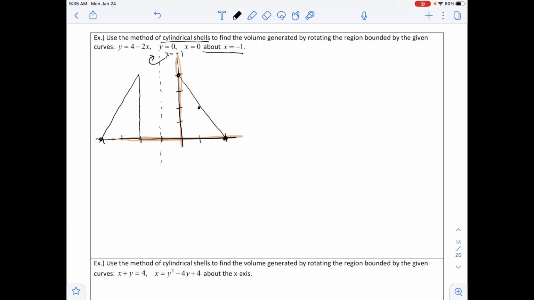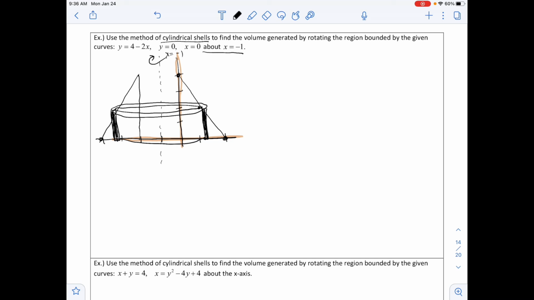And if you think about your approximating rectangle, so go ahead and draw a rectangle on here. And as that rectangle rotates around, you'll notice that you're going to have a cylindrical shape.